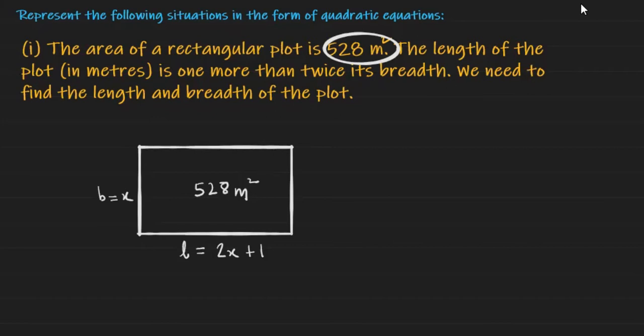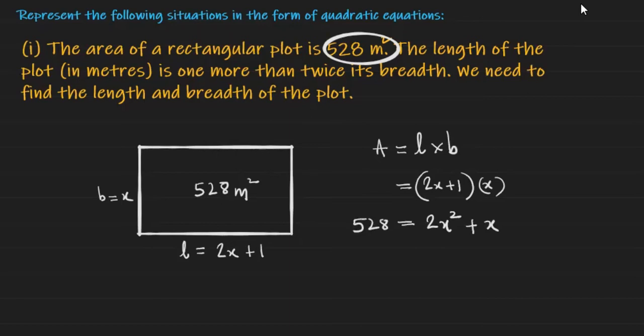According to the formula of area of the rectangle, area is given by length into breadth. We know that length is 2x plus 1, breadth is x. If you multiply them, we get 2x into x, that is 2x square, and x into 1, x. So area of rectangle is 528.